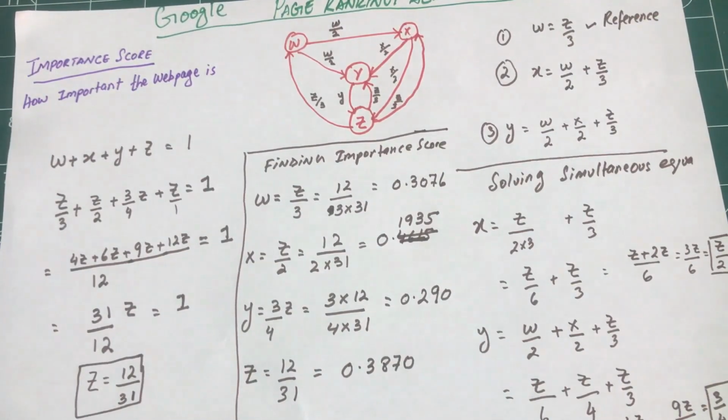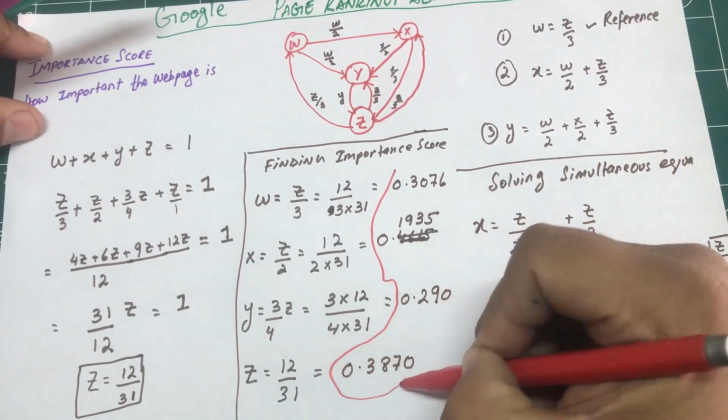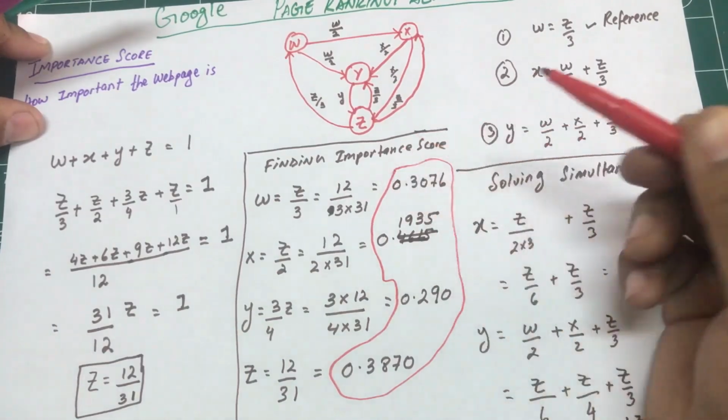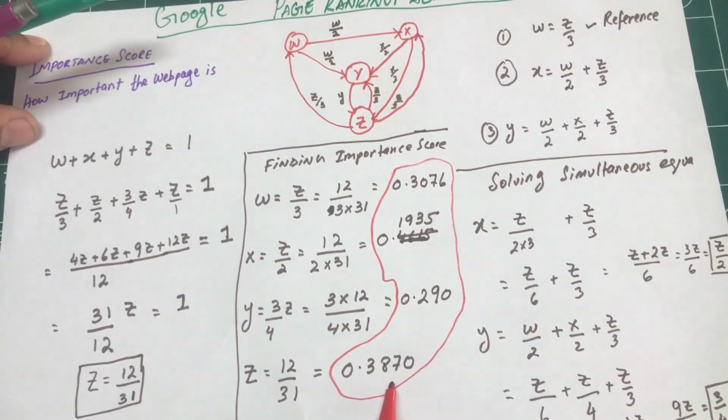So now, based on our calculation, these are the importance scores that we calculated for each of the web pages. So when you are searching on Google, web page Z is most likely to be the first page that you will see, because this has a probability of 0.387.